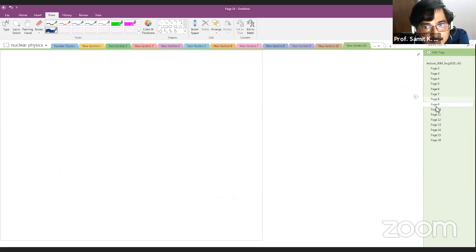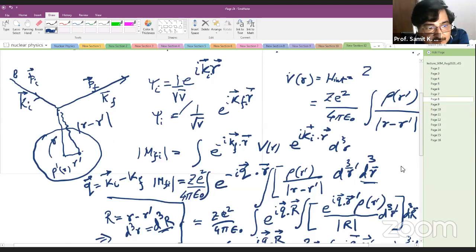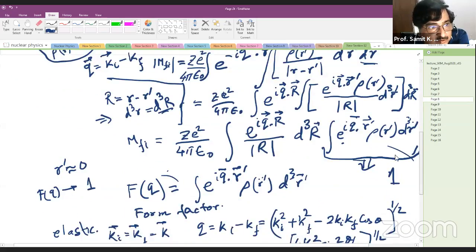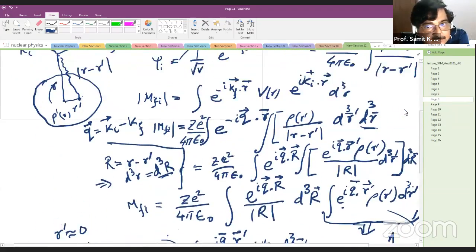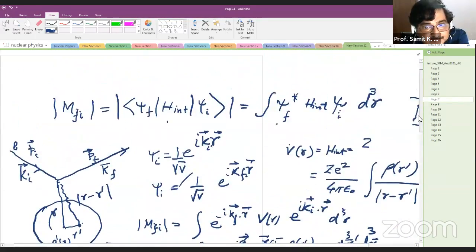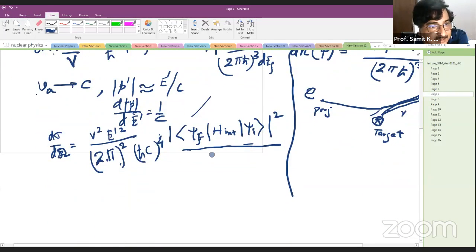Until now, the cross section I showed, the cross section I mentioned here, from here you can calculate. Here you can see that we have not included the spin contribution, because the electron has spin and the nucleus also has some spin, so you have to include the spin contribution.